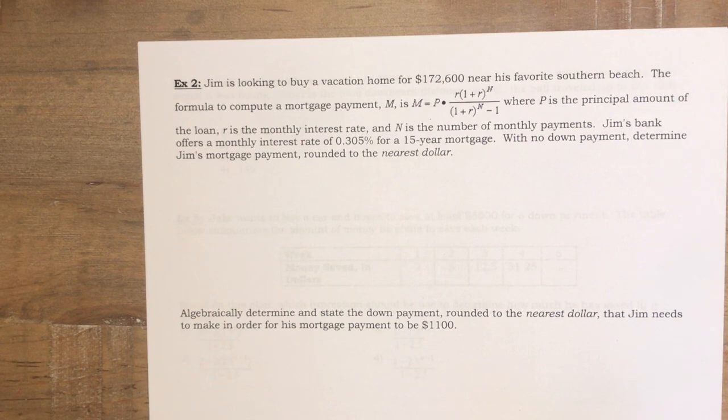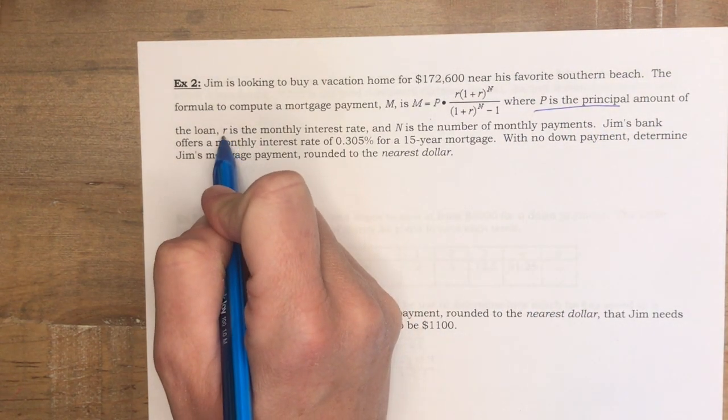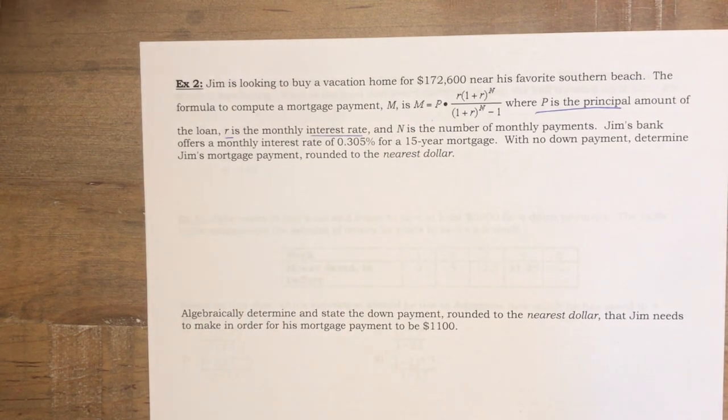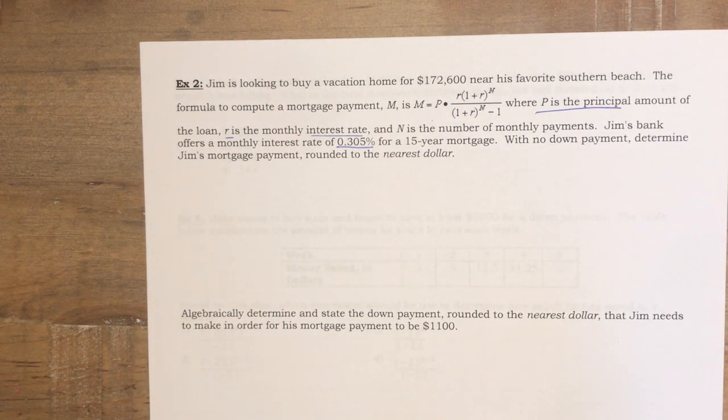The formula to compute a mortgage payment, M, is M equals P times R times 1 plus R to the N over 1 plus R to the N minus 1, where P is the principal amount of the loan, R is the monthly interest rate, N is the number of monthly payments, and Jim's bank offers a monthly interest rate of 0.305% for a 15-year mortgage. With no down payment, determine Jim's mortgage payment rounded to the nearest dollar.